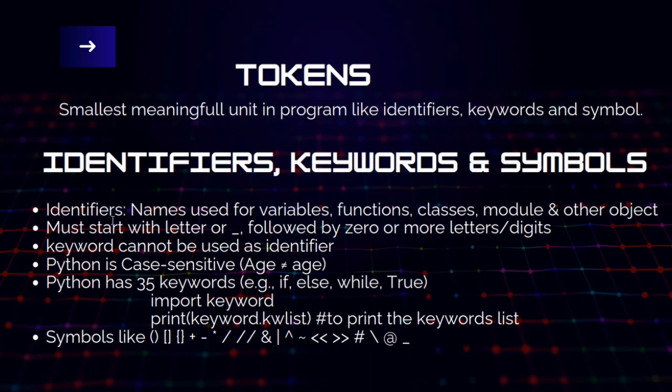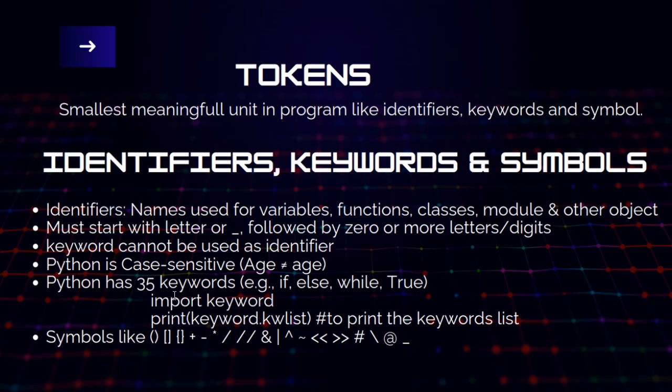Rules for creating identifiers: it should start with an alphabet or an underscore, followed by 0 or more letters, underscores and digits. A keyword cannot be used as an identifier. Python is case sensitive, as capital AGE is not equal to small age.